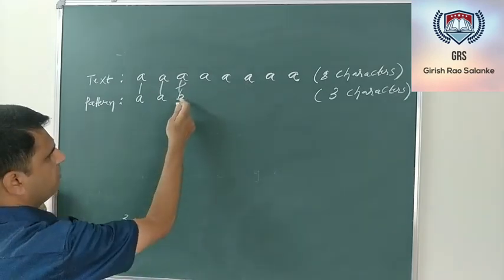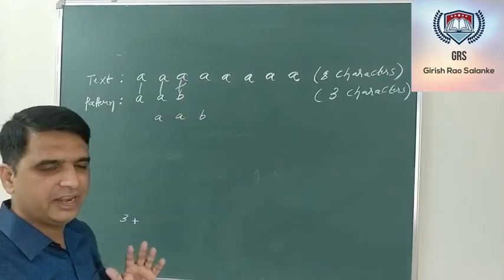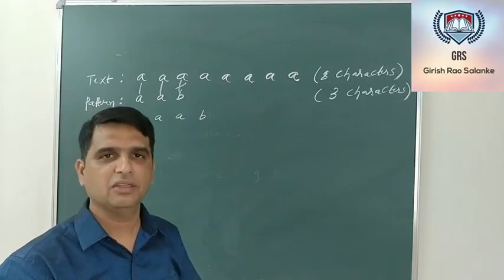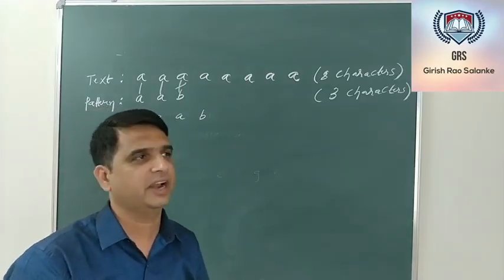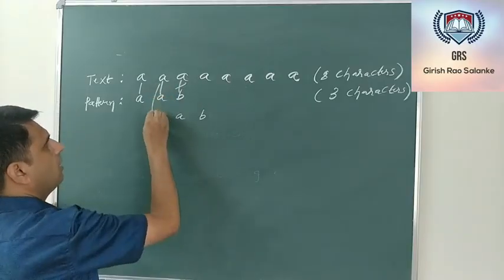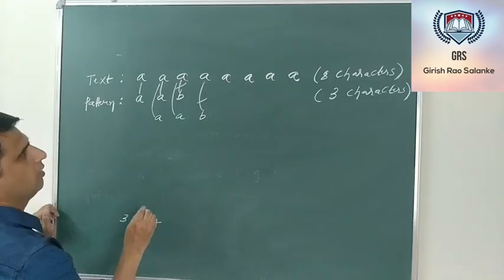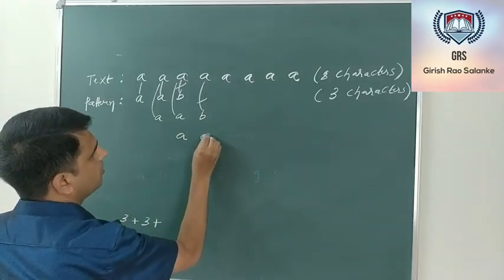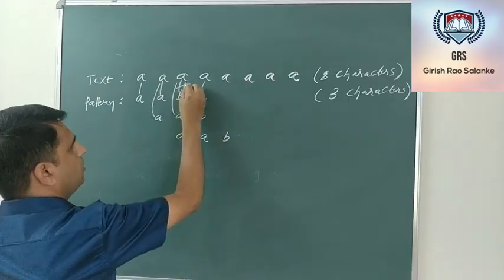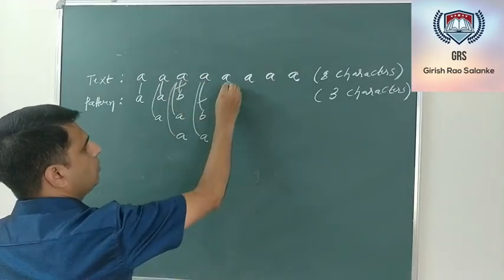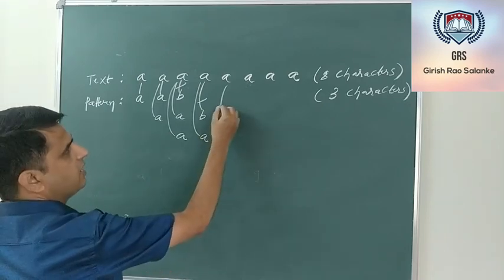Now I move a little further. As there was a mismatch, I need to shift my pattern by 1. This is the limitation of the naive string matching algorithm. In the case of the naive string matching algorithm, the pattern can be shifted only 1 to its right side. Now in the second iteration, I do 3 comparisons. This does not match. Next, in the third iteration, I do 1, 2, 3. I have done 3 comparisons. There is a mismatch here.